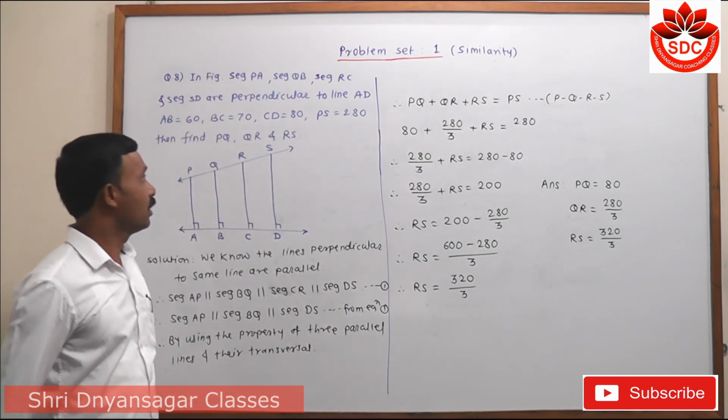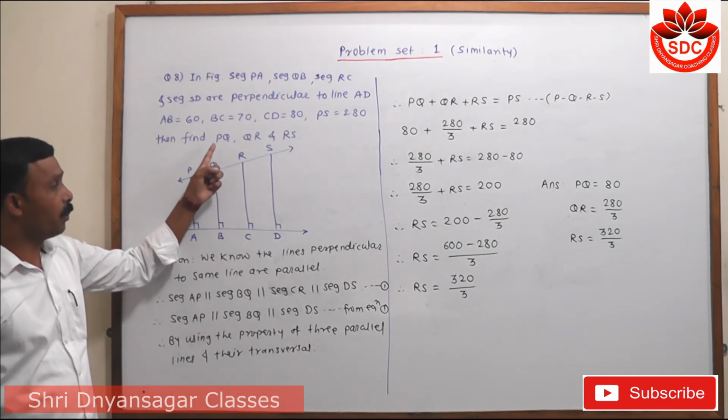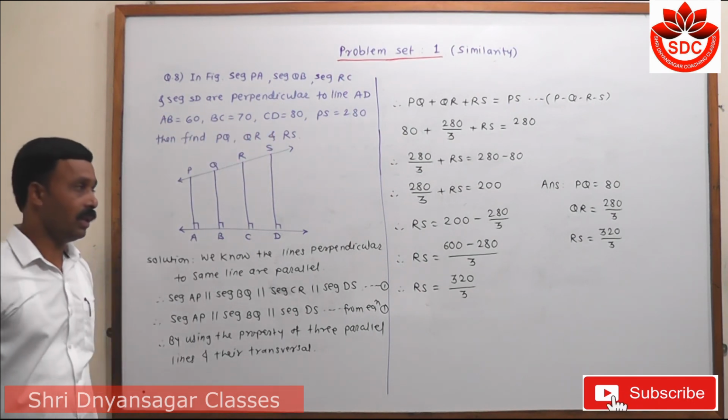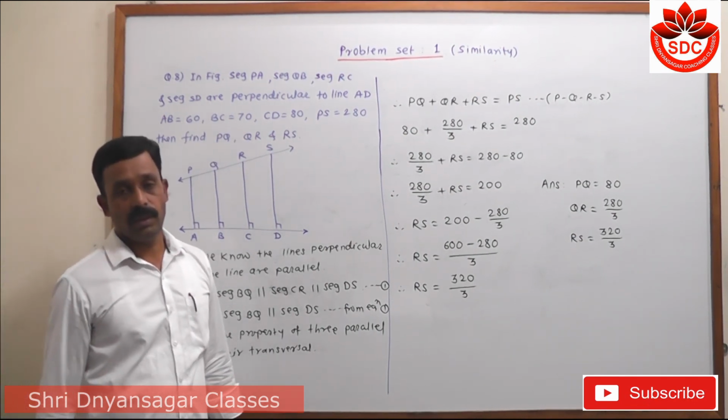This is the answer for the values of PQ, QR and RS respectively. Can you understand, student? Okay, thank you very much.